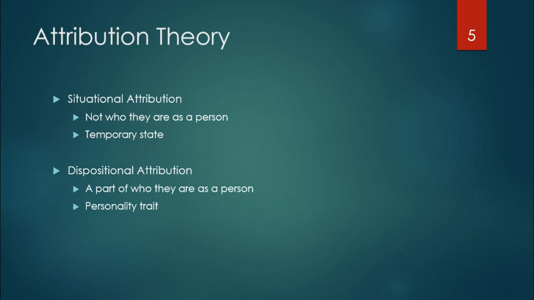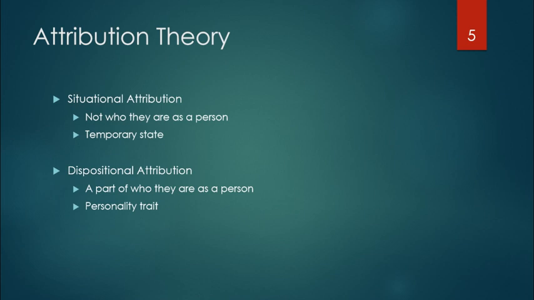That's a situational attribution. A dispositional attribution, this is where we say we're explaining their behavior. We are attributing their behavior as a personality trait. They acted like a jerk in that situation because they are a jerk. They were a jerk yesterday, they'll be a jerk tomorrow. They're a jerk in every single situation.